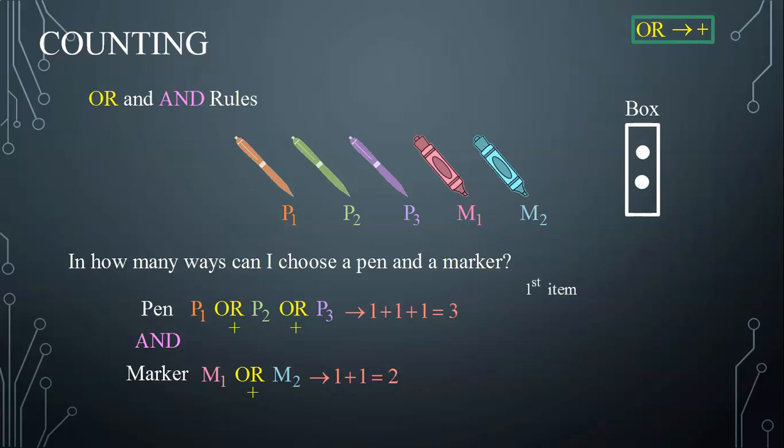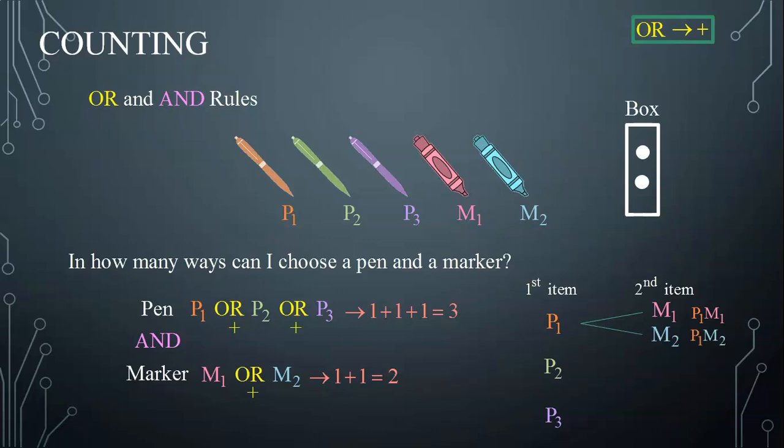For the first item, I can choose P1, P2, or P3. For the second item, if I choose P1 for the first item, then for the second item, I could choose M1, which makes my selection P1 and M1. I could also choose M2 with P1, which makes my selection P1 and M2.